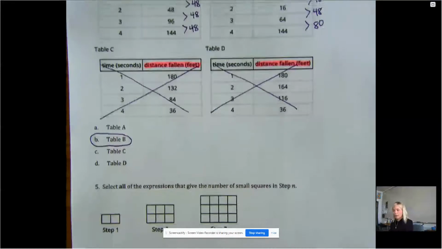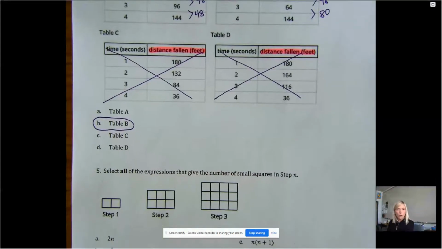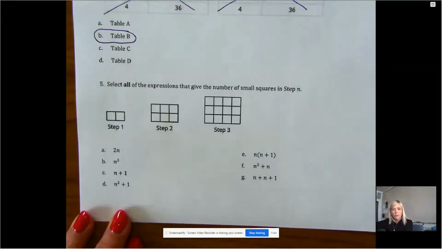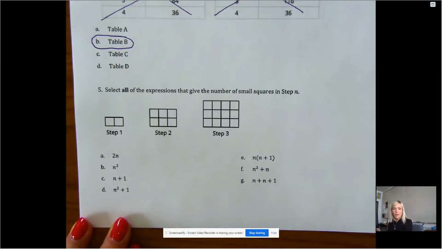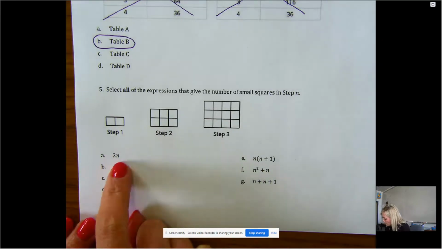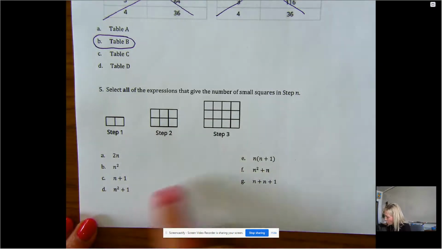All right. Number 5, select all of the expressions that give the number of small squares in step N. So I'm looking at these patterns, and I'm thinking maybe I should think about the total. So 2n.